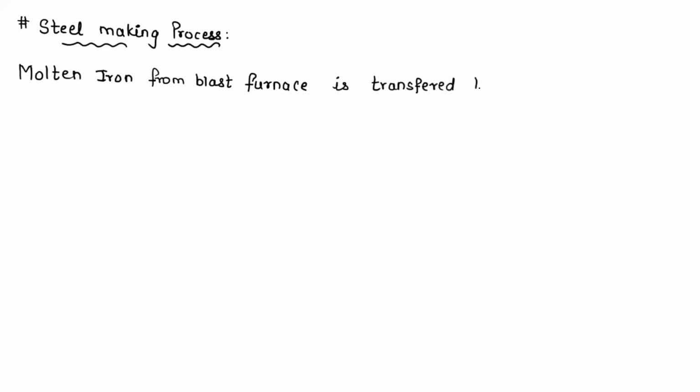So for the steel making process, the molten iron which we obtained from the blast furnace is transferred to something called an oxygen furnace.